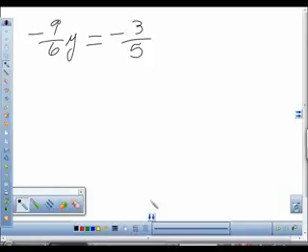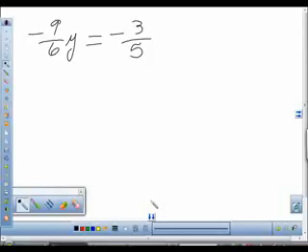Okay, the same questions as usual. Any parentheses? No. Any like terms to the left of the equal? No. To the right of the equal? No. On the side of the variable, the left side, anything added or subtracted from the variable? No. How is the negative 9/6 attached to the variable?